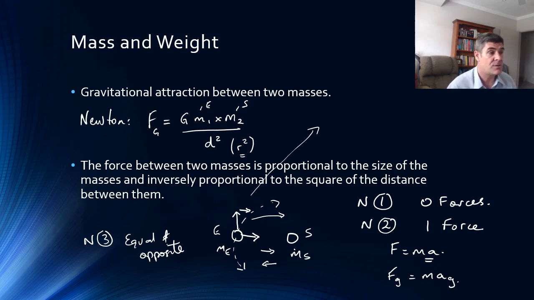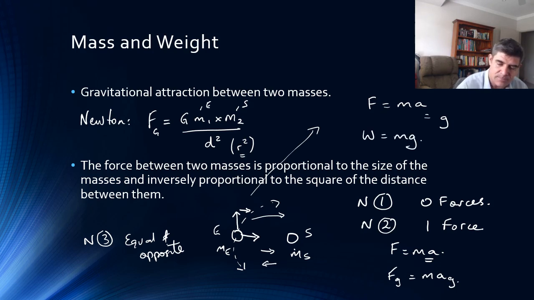Keep in mind Newton's three laws as you analyse the way objects exert gravitational forces on each other. We simplify all of this down to say that if force is equal to mass times acceleration, and the acceleration is the acceleration due to gravity, then the force is a weight force, W equals mg.